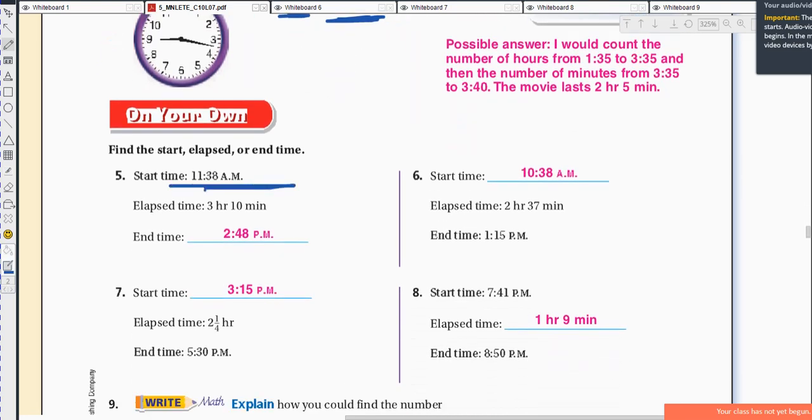Okay, the next one. Start time 11:38 and elapsed time 3 hours and 10 minutes. End time?